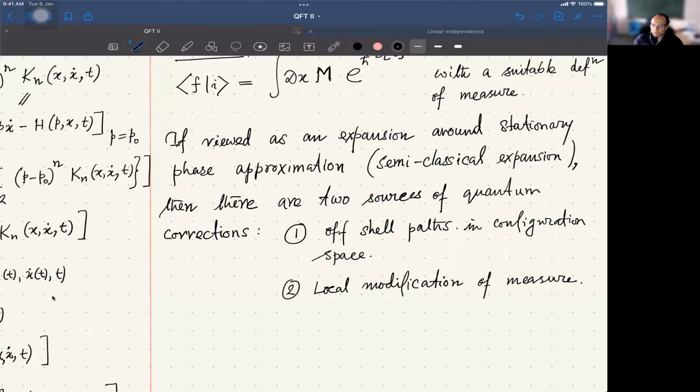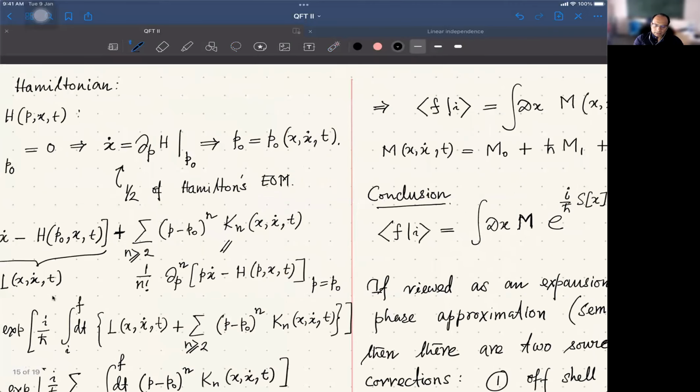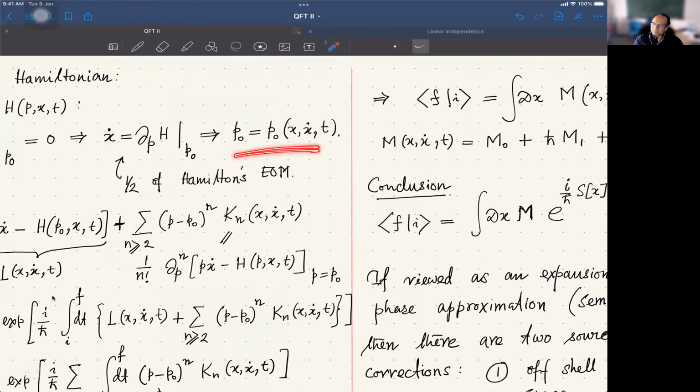Basically, since you are doing a stationary phase approximation in both momentum and position space, there are two sources of h bar expansion. One comes from the off-shell paths in the momentum space, which means the off-shell relation between the momentum and x dot, whose classical value is given by this p0, right?